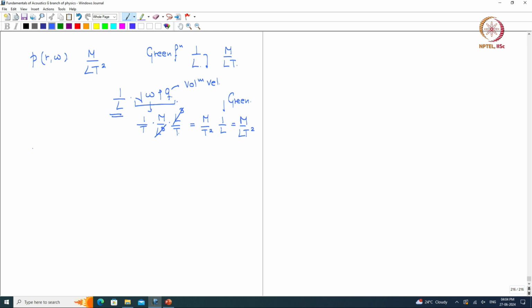So that now my pressure is given by the integral of j omega rho q_volume(r', omega) g(r, r') dV'(r').